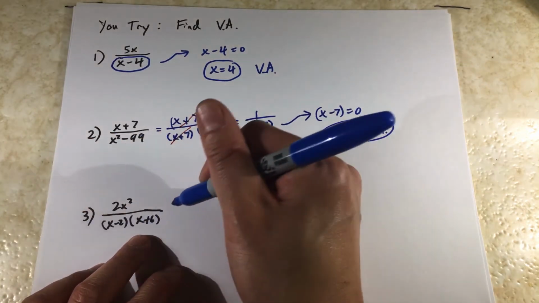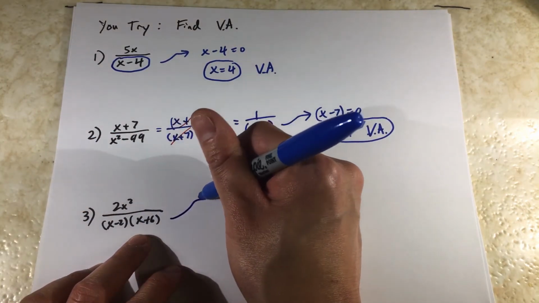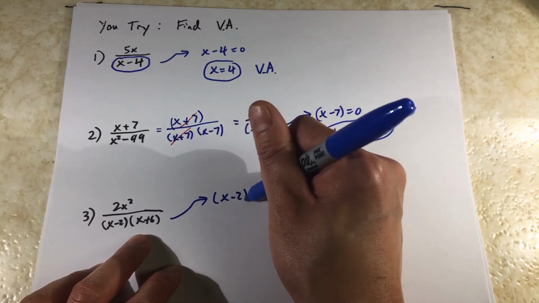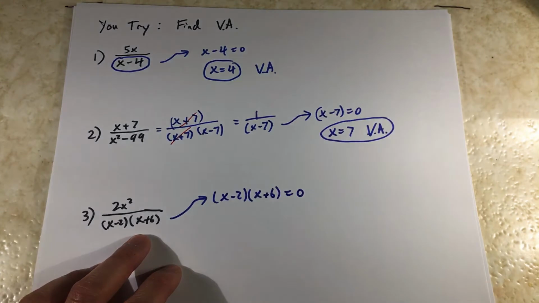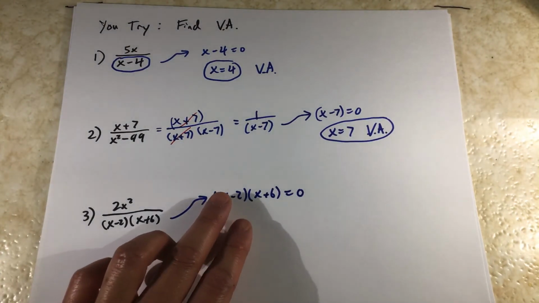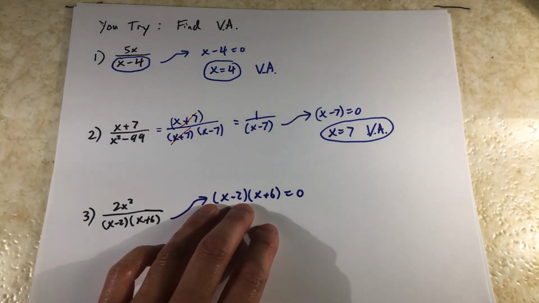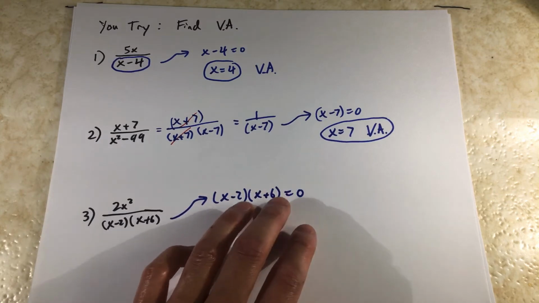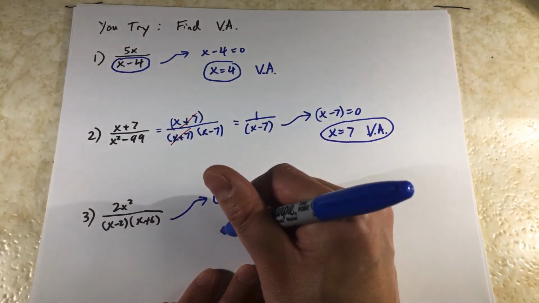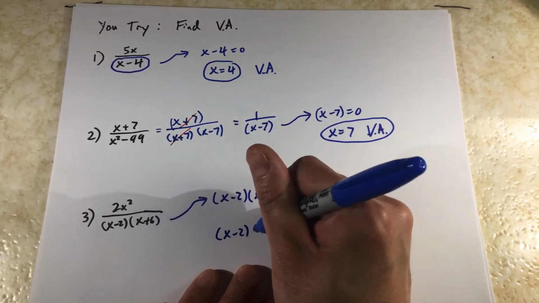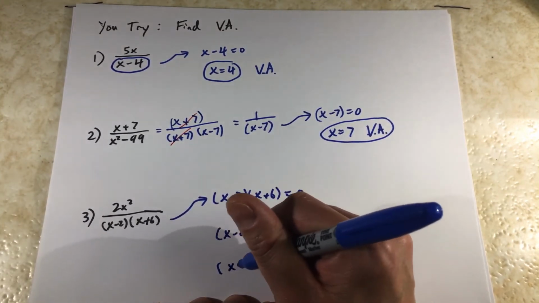All right, in this last one nothing cancels, so I'm going to take the denominator and make it equal to 0. If I have two things multiplied equal to 0, either I have to have one of them equal to 0, or I have to have the other one equal to 0.